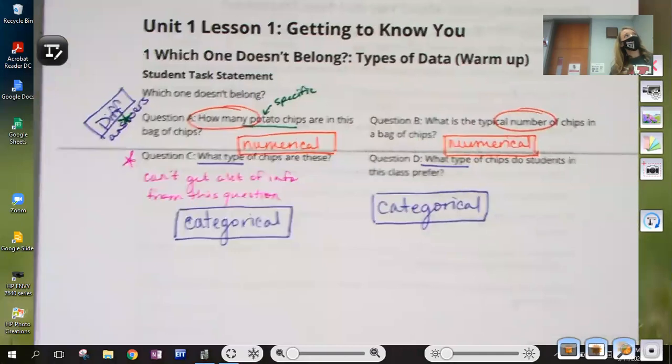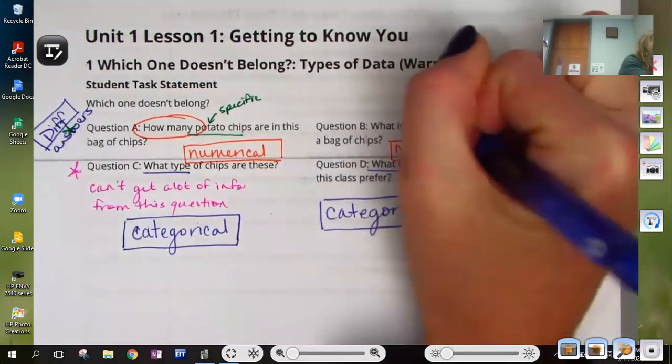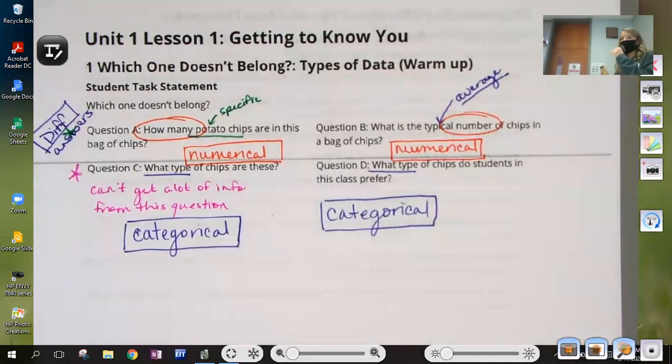Question B says, what is the typical number of chips in a bag of chips? If you just had to guess what the average is, which is what typical means, when you see that word. They'll give you like the bag size usually.